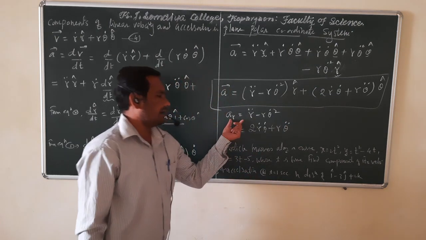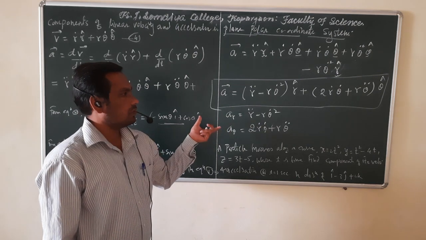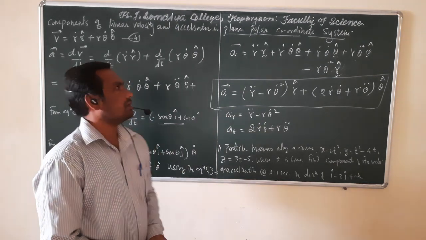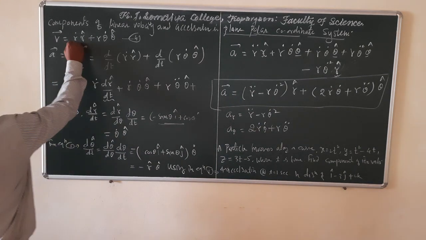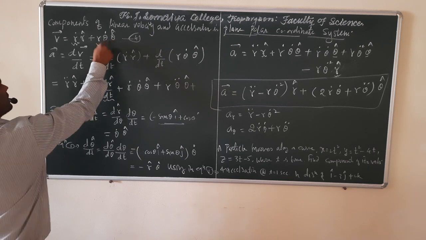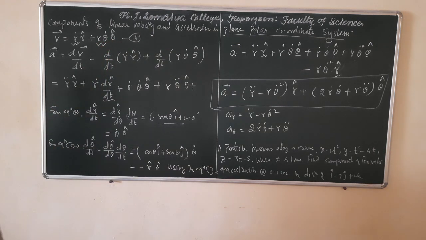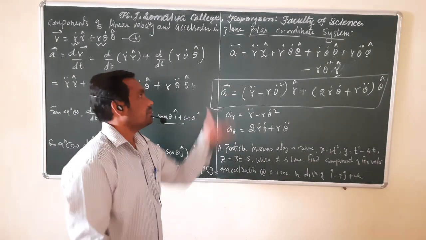So this is the radial component and the tangential component. Here this section is finished. Now for velocity, the radial component of velocity is r dot and the angular component of velocity is r theta dot. In the next section we have a problem based on this.